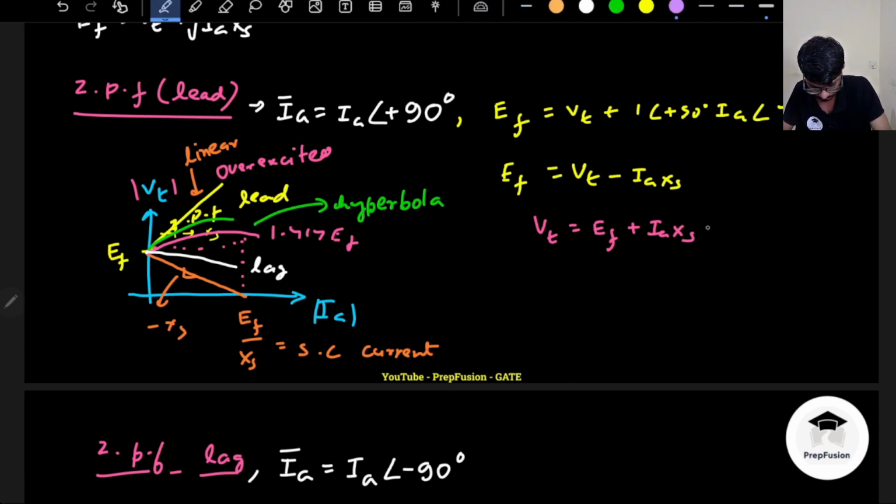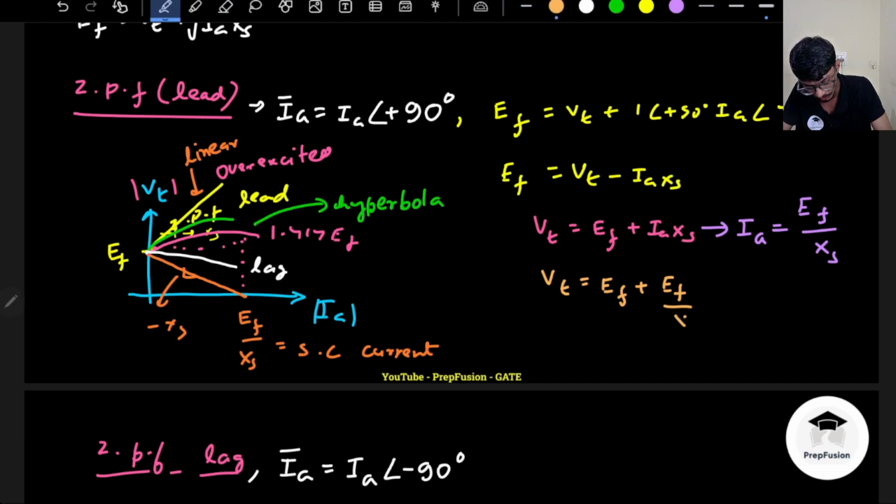Ia is equal to Ef by Xs. Vt is equal to Ef plus Ef divided by Xs times Xs.